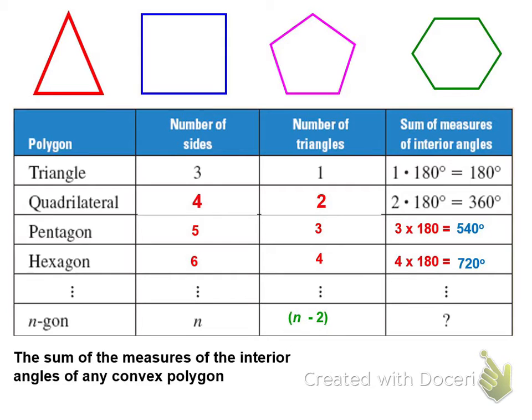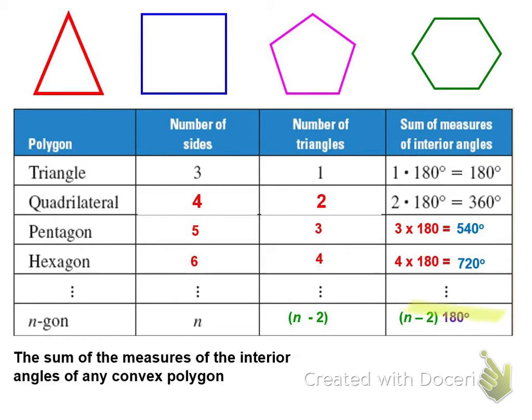N minus 2 represents the number of triangles. You take the number of sides and subtract 2. And then once you find the number of triangles, you multiply times 180. So n minus 2 times 180 is your last blank.